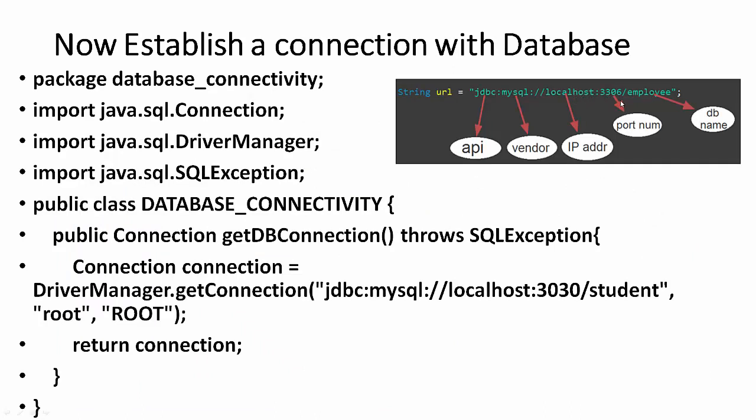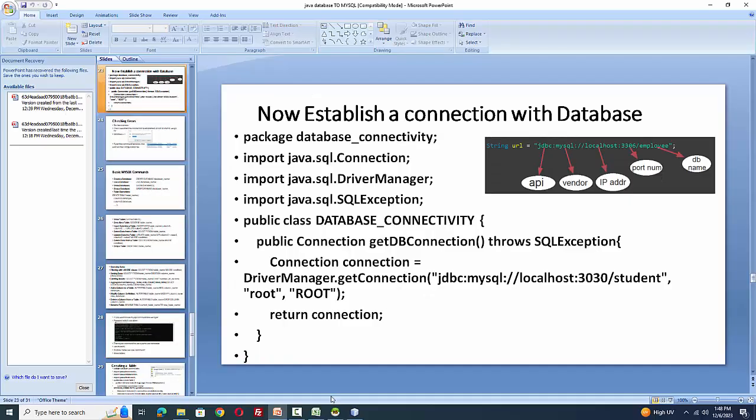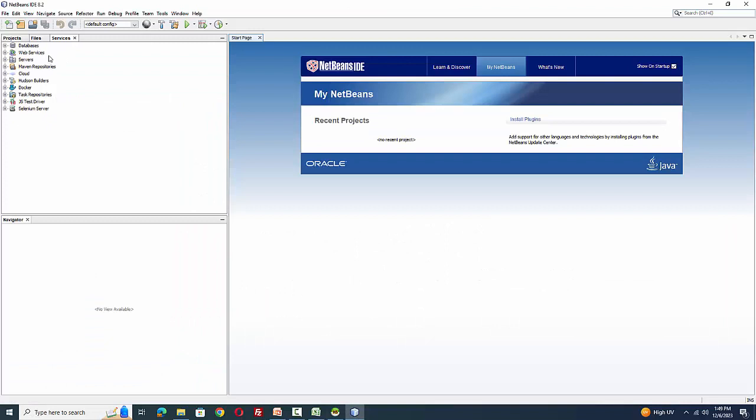So let us write the program in this one. Here I am going to create a new project, a Java application project. Click on next. Now what is the name of the project you are going to create?